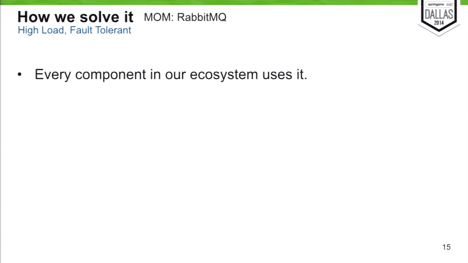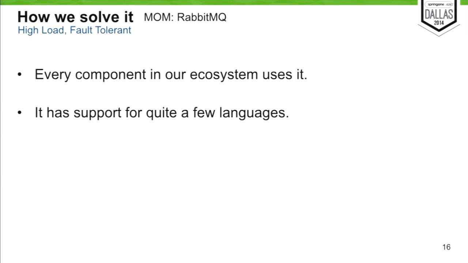It's our message-oriented middleware. As I said in the global overview of our architecture, every component in our platform uses RabbitMQ to communicate with each other. As Alvaro said, it has support for quite a few languages, and you forgot Python. We have endpoints for Python, Ruby, and Java.